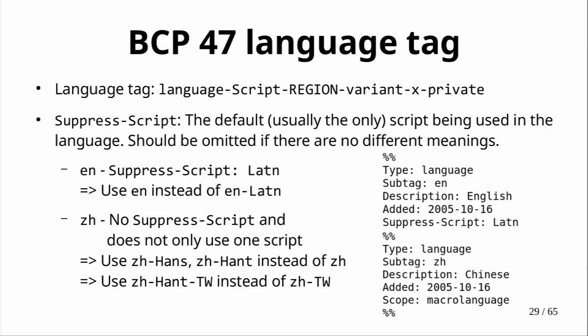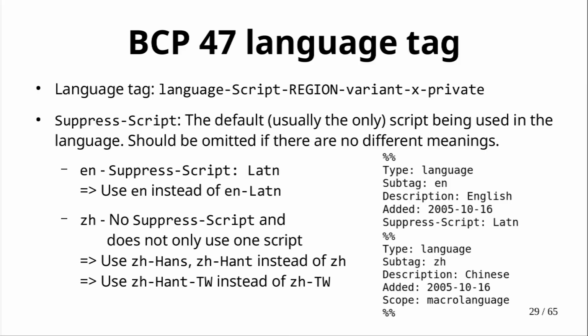So in what condition will there be a suppressed script in the registry? For example, English mainly only uses the Latin script, so it is registered with a suppressed script LATN, to specify that we use EN instead of EN-LATN. However, ZH, which means the Chinese languages, does not have a suppressed script and does not only use one script.